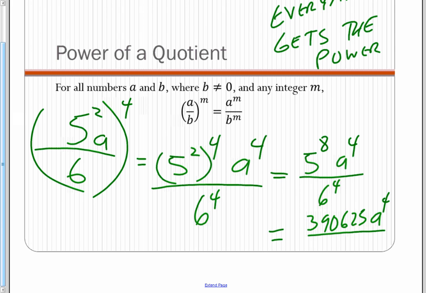Then I've got 6 to the 4th underneath. That's 1296. Let me see if this reduces. Nope, that's as simplified as you can make it. So it's really the same rule, but now we're applying it to fractions also.